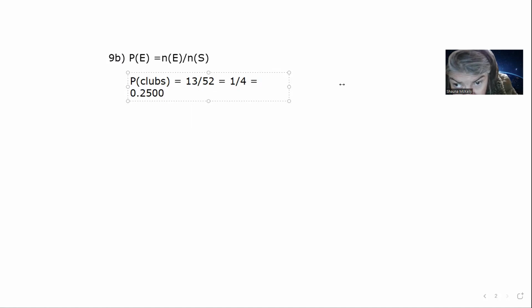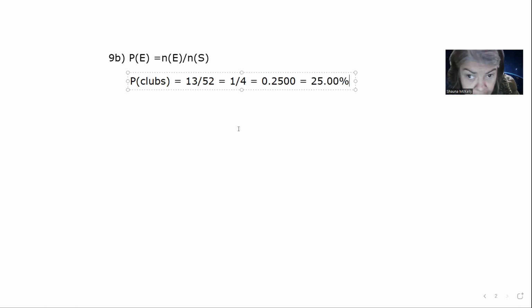And then you have your percentage, which is 25%. So something like that. That's the probability of drawing a club, 1 card from a deck. Let's look at the next one.